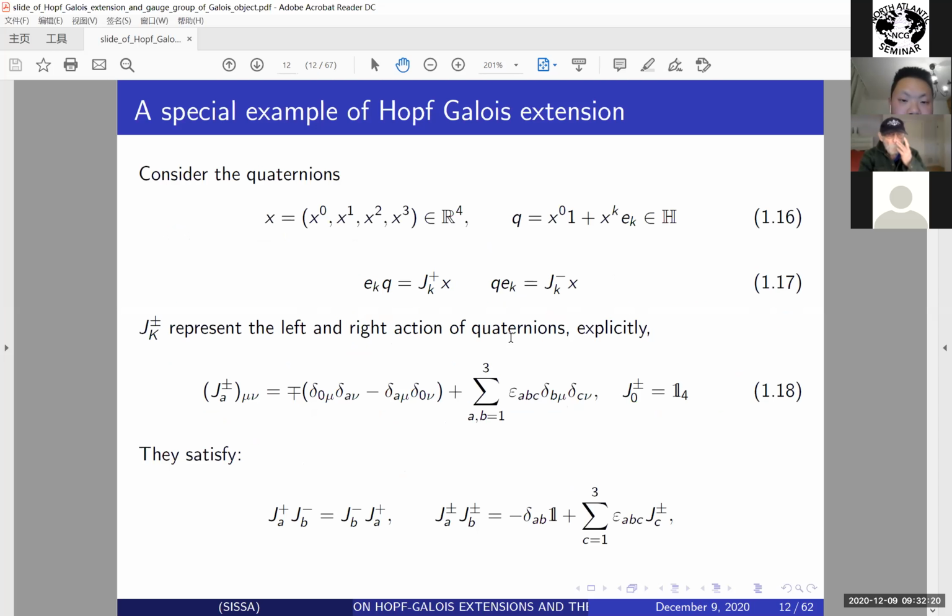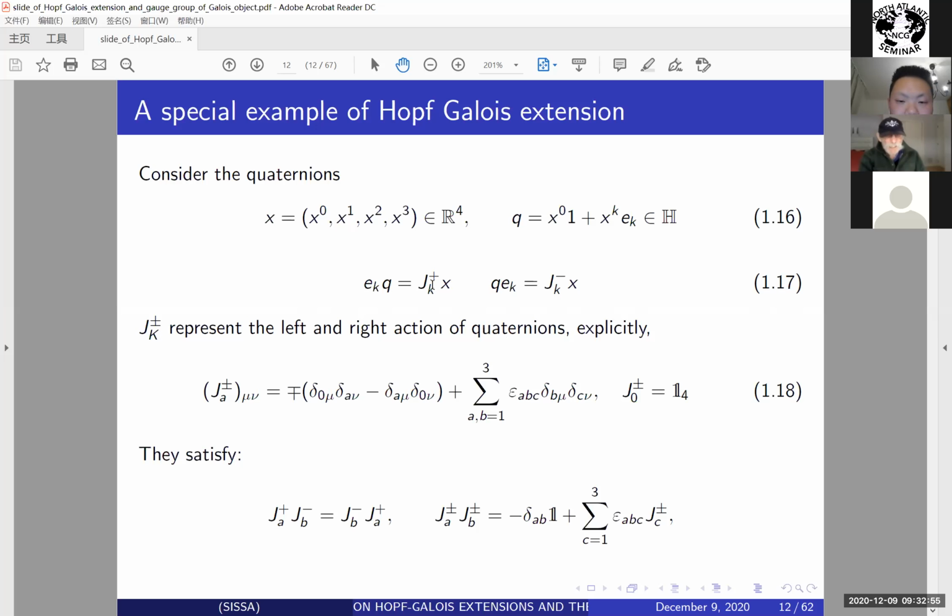Okay. So now I will give a more explicit example of the R matrix. But first, let's consider the quaternion Q with coefficients x0, x1, x2, x3 with a basis ek, where ek are a quaternionic basis, and then we can define a left and right representation of the quaternion by relation 1.17.